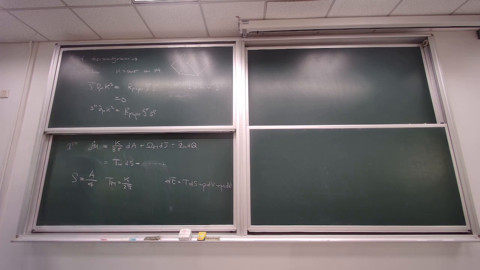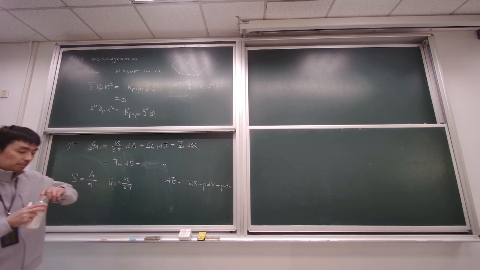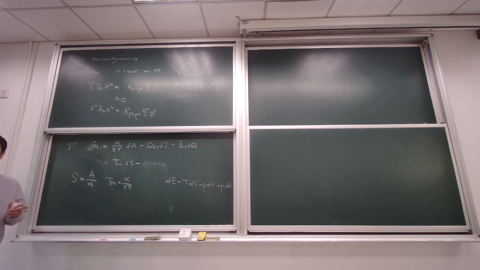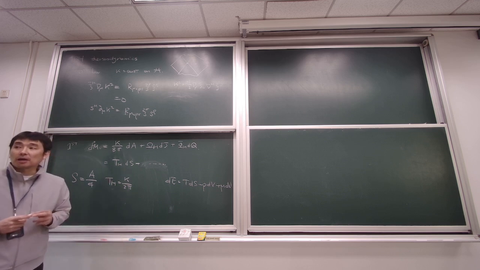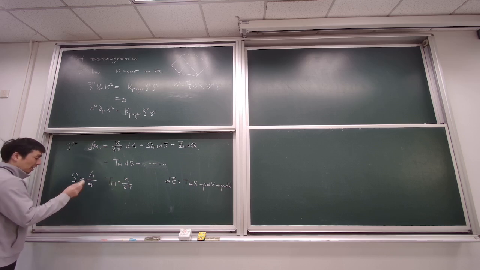Then really the area over 4 corresponds to the entropy, and T_H is something called the Hawking temperature, which is proportional to the surface gravity. Okay, fine.